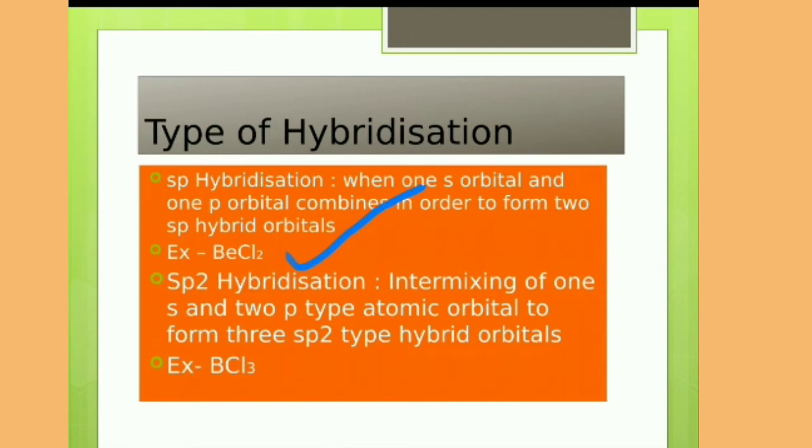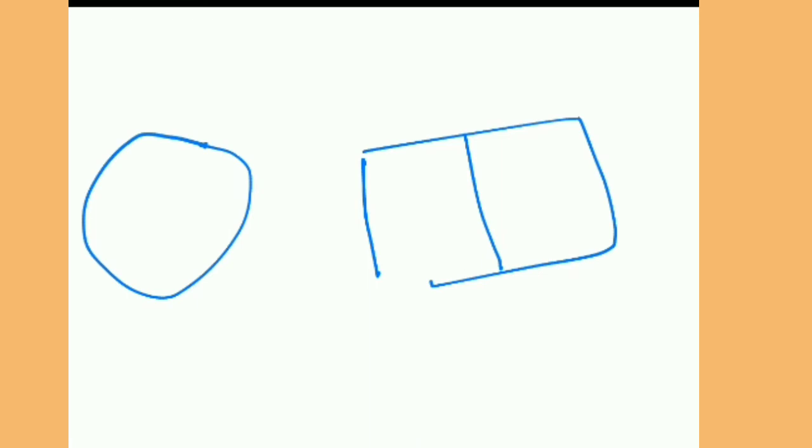Sp2 hybridization is also just mixing of one s and two p atomic orbitals, which are of different energy levels. They mix with each other to form three hybrid orbitals of the same energy level, each named sp2 hybrid orbital.